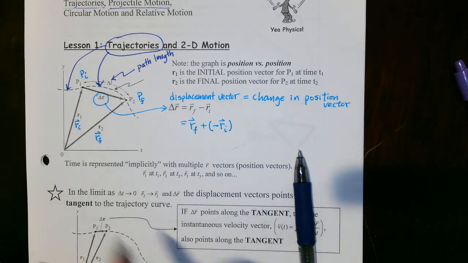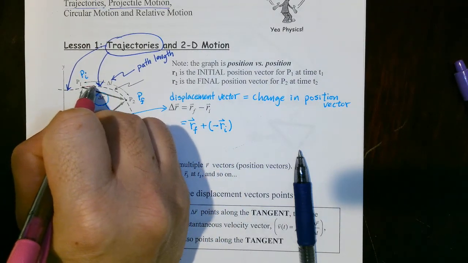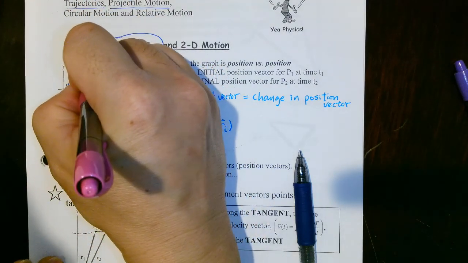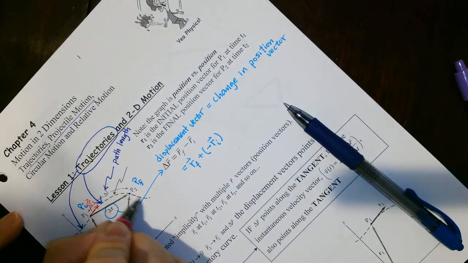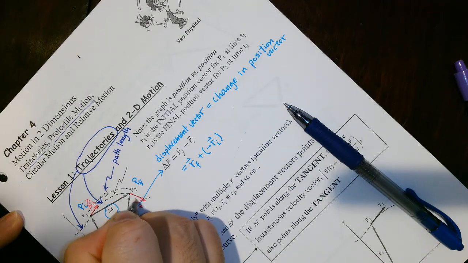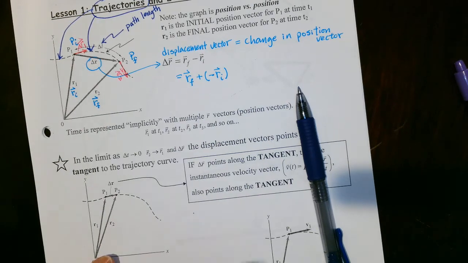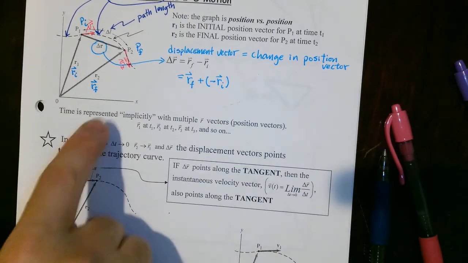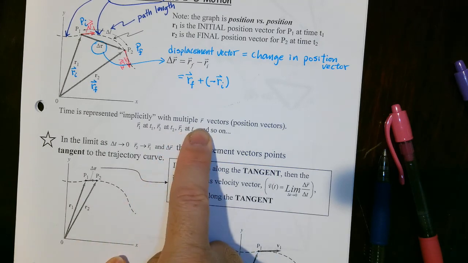Later on, we will see this bug has an instantaneous velocity vector that is tangential to the trajectory. So this is v1 and this is v2. Time is represented implicitly with multiple r vectors.